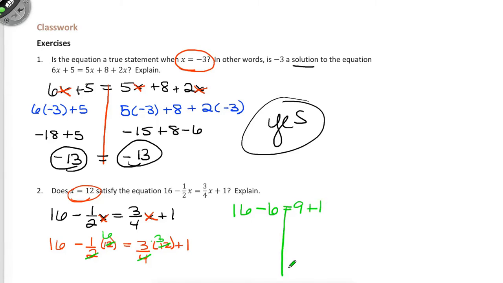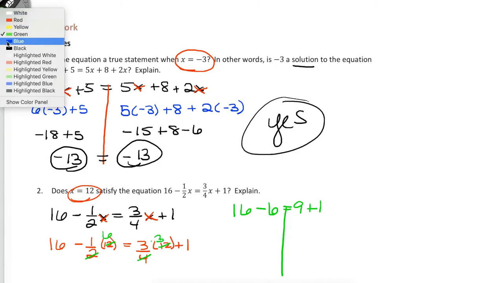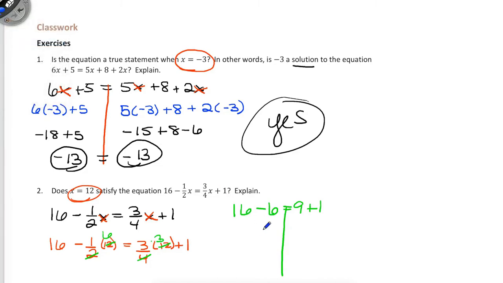And again, we're going to split this like we did up here and see if we get the same answer each time. 16 take away 6 gives me 10. 9 plus 1 gives me 10. Are these equal to each other? Yes. So it is a solution.